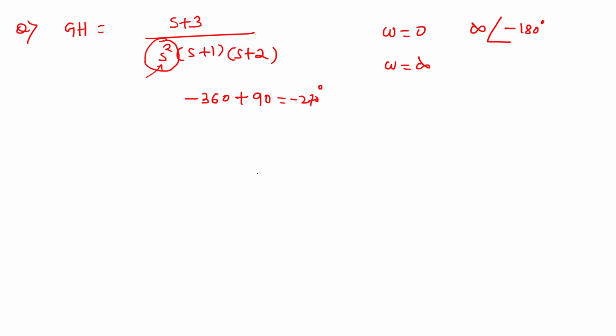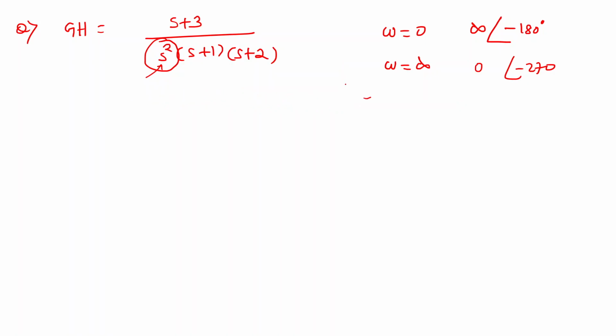At omega equal to infinity we consider all the poles and zeros; in earlier problems, zeros were not there. So four poles give minus 360 and one zero gives plus 90, total minus 270. And at omega equal to infinity, the magnitude will be 0, because 1 by infinity is 0.